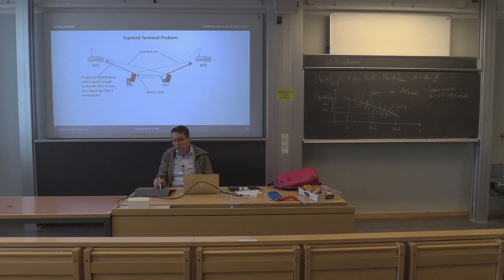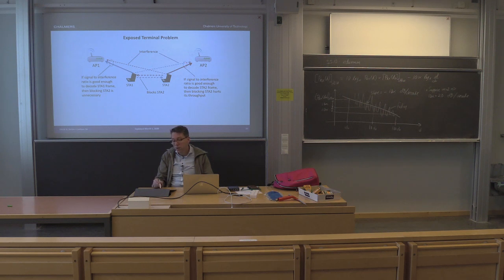And if that is the case, then there was no need to block station number 2. So this is unnecessary. And from symmetry, it could be that station 2's transmission could also be decodable at access point number 2, because the interference from station number 1 would be weak.